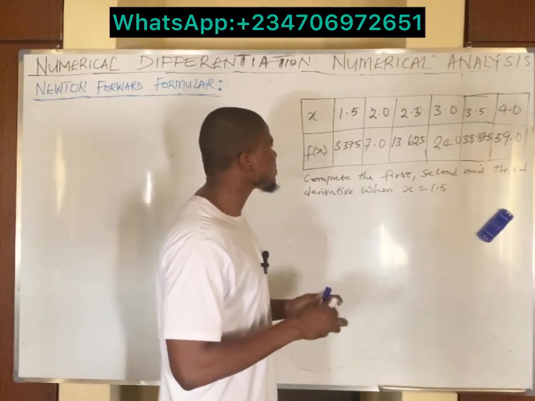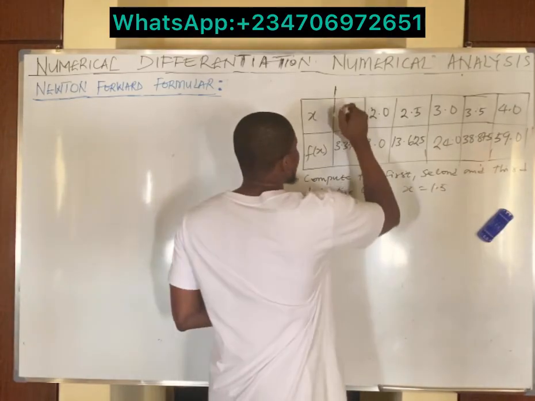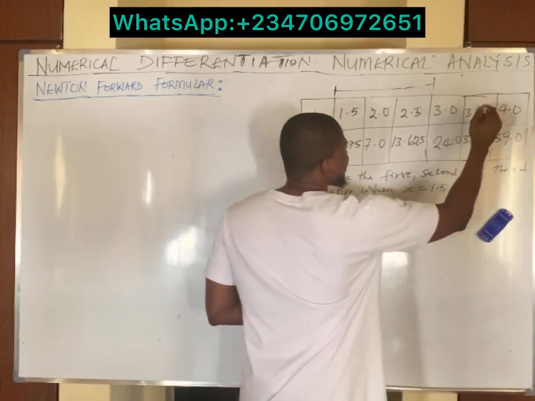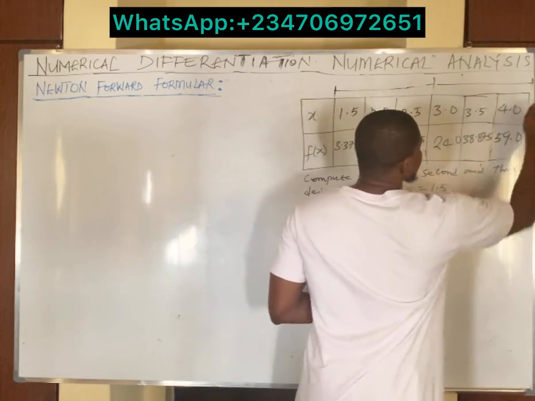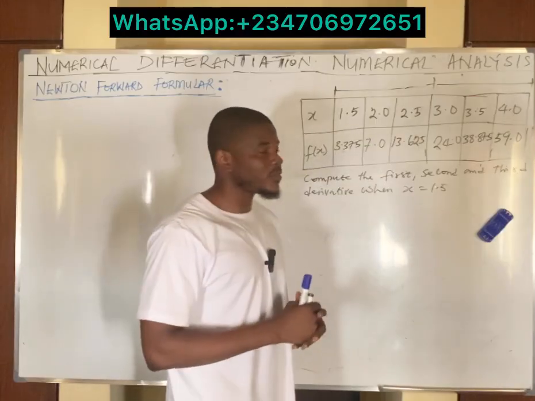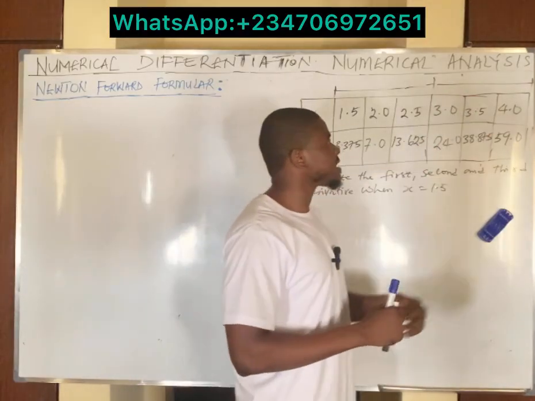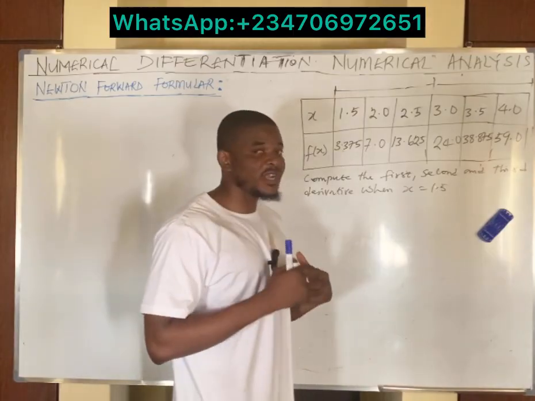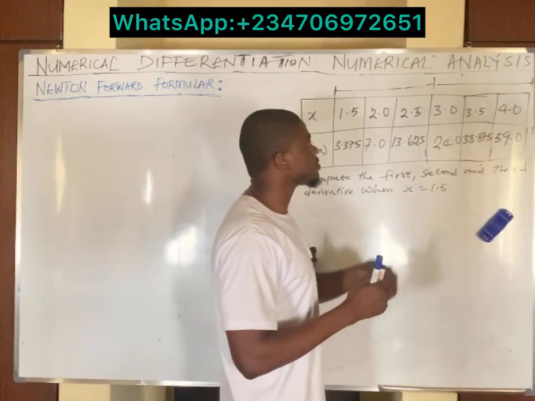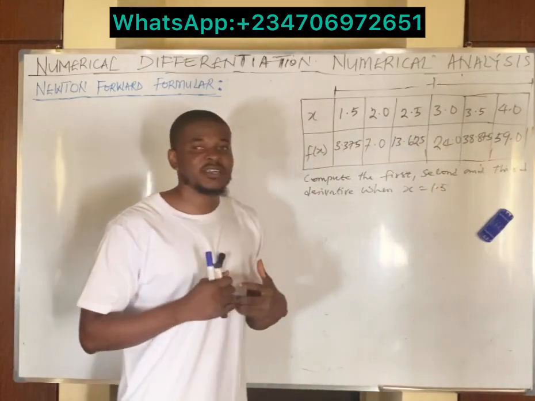So which means these 6 can be divided into 3 and 3. The first 3 could be categorized as a forward table, the last 3 could be categorized as a backward table, then any value between 2.5 and 3.0 is considered the central table.